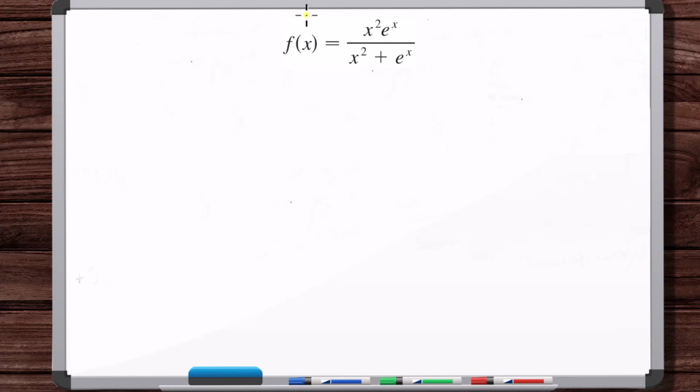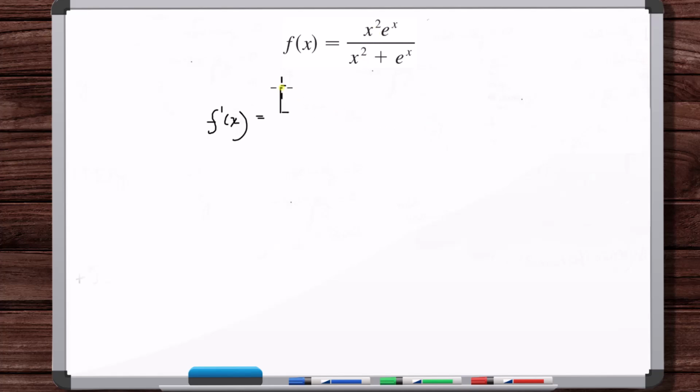Okay, so quotient rule. f prime x, derivative of the top. Well, okay, this is more difficult because now we're taking the derivative of the top. We need to use the product rule here, right?